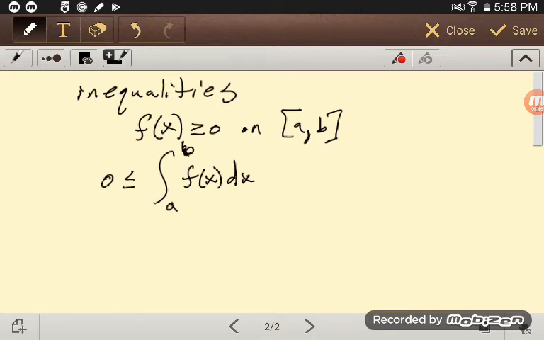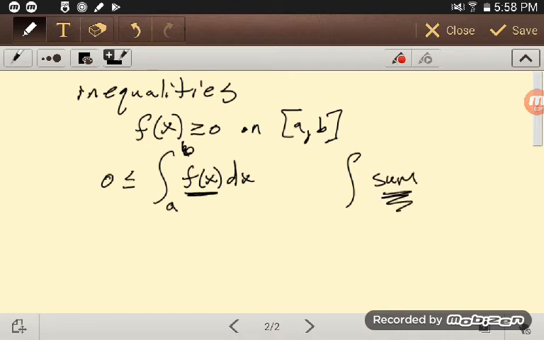And again, that makes sense because what we're doing is adding up values of f times the delta x, where the delta x is always positive. So I'm adding up positive values. That's the thing to remember about this thing, is it's a sum, right?